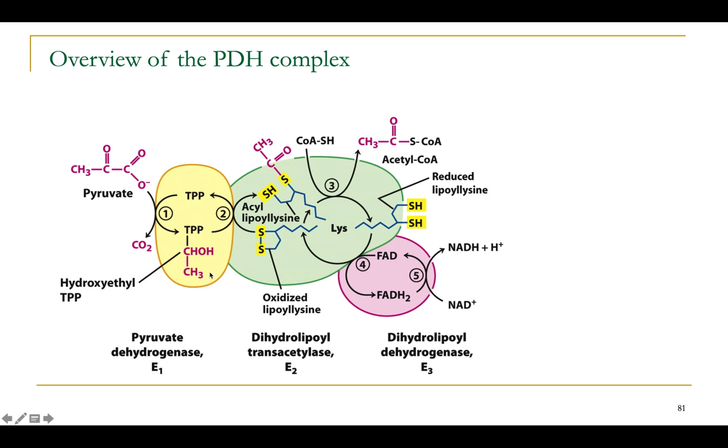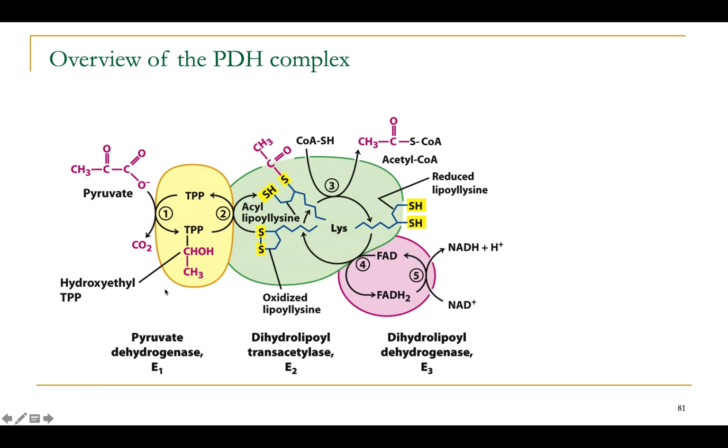The function of E1 is very similar to the function of pyruvate decarboxylase when we talked about ethanol fermentation. There, pyruvate decarboxylase used thiamine pyrophosphate to decarboxylate pyruvate and form active acetaldehyde, which was then released as simple acetaldehyde into solution.